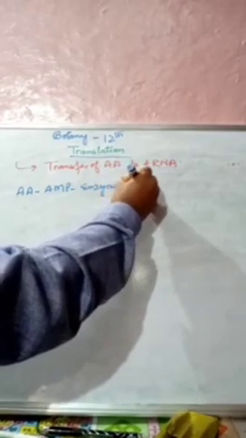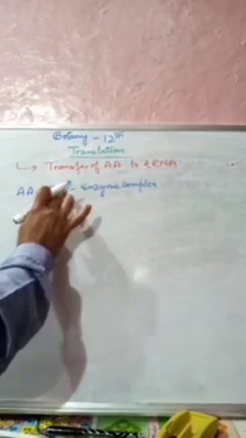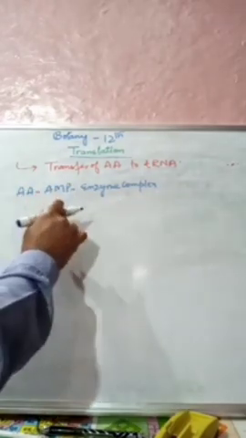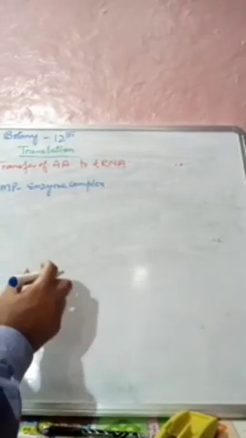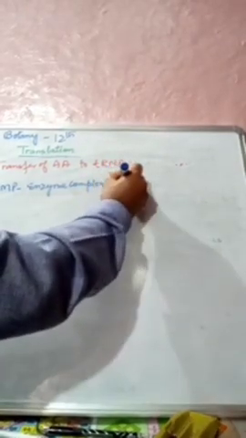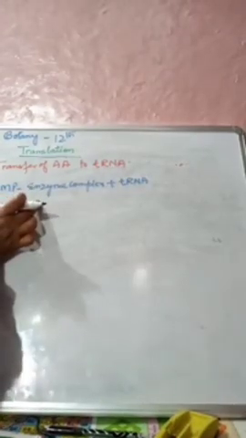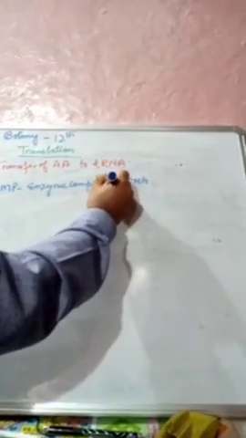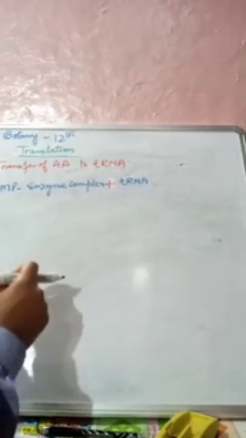enzyme complex which is formed in the activation that we saw. This aminoacyl AMP enzyme complex reacts with what we call the specific transfer RNA, reacts with specific tRNA.